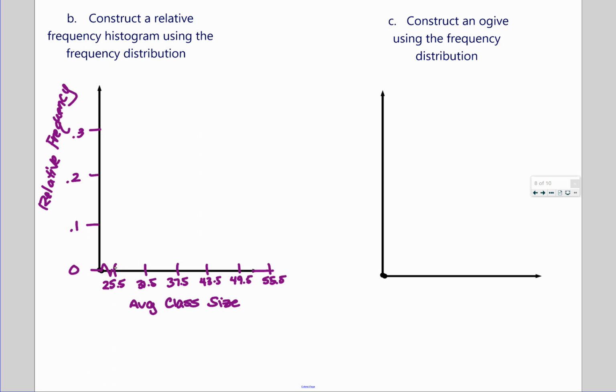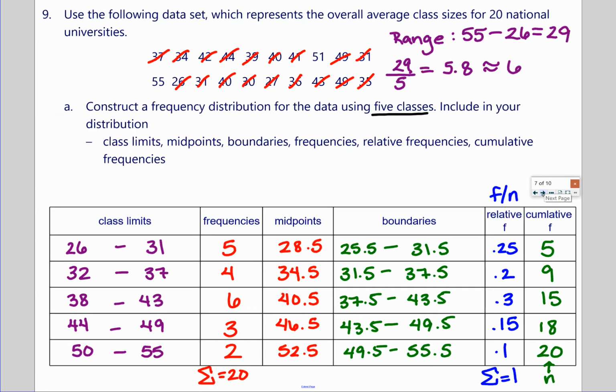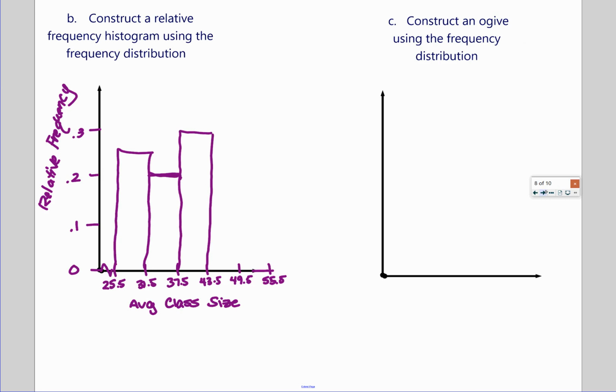All right, so 0.25, 0.2, and 0.3. And again, you can fill them in if you want to. And then my last two were 0.15 and 0.1.